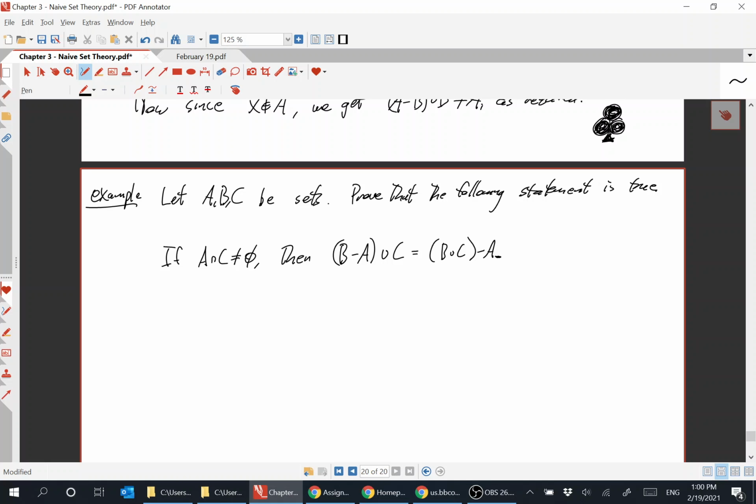Okay, so let's show this. So note it is not always true that B minus A union C is B union C minus A. How do I display this fact to you, that it's not always true?